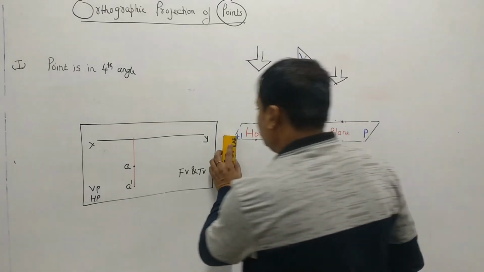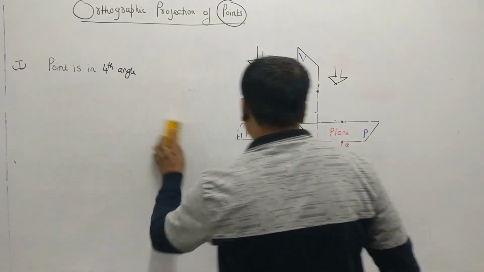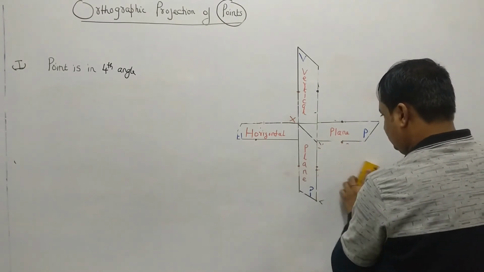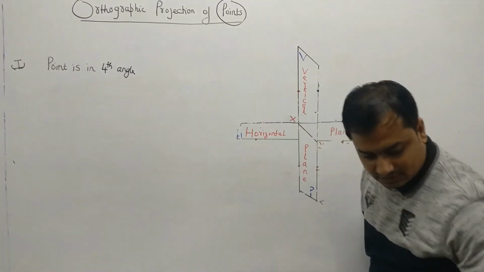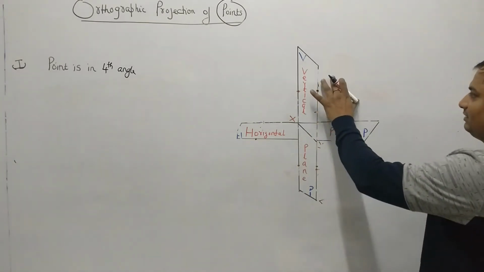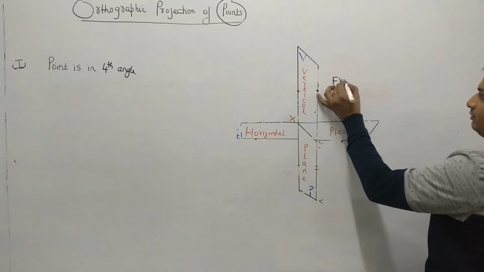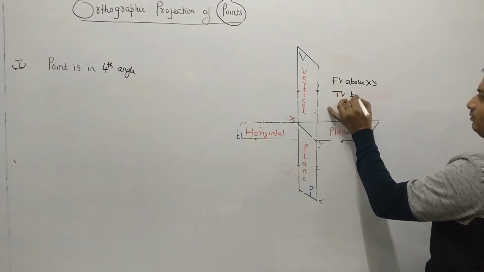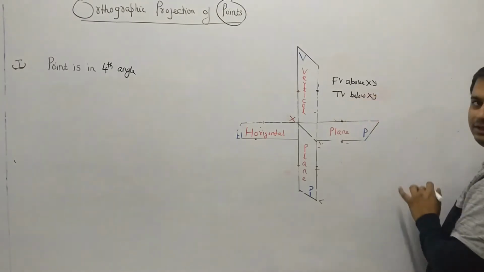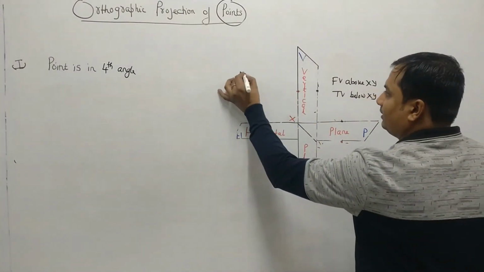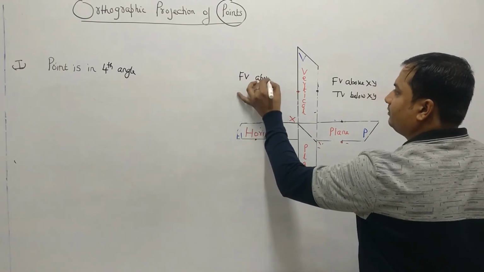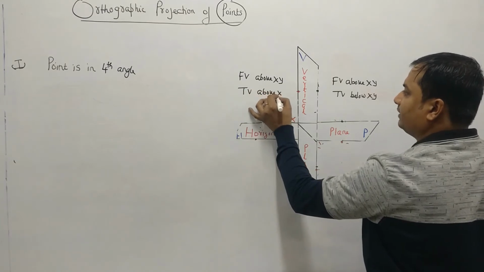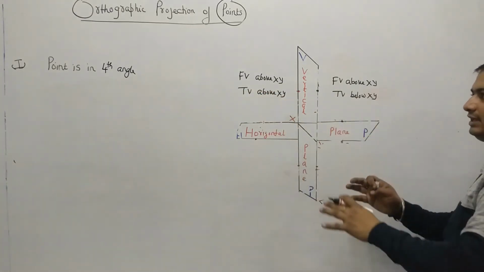Just to conclude all these four angles: in the first angle, front view above XY, top view below XY. Second angle, front view above XY, top view above XY. This is just a conclusion of all the four cases which we have seen.